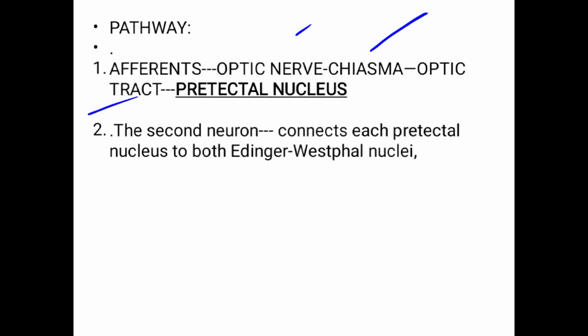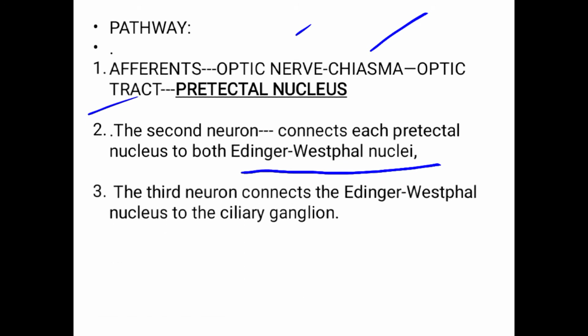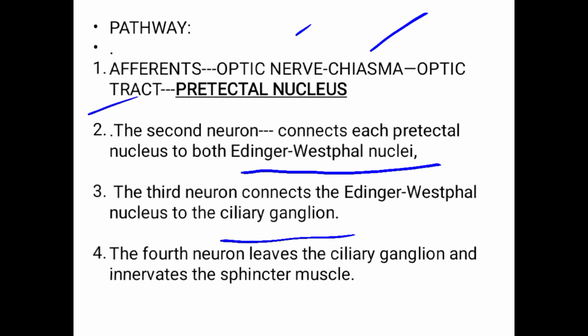Then second neurons are connected to, just write Edinger-Westphal nuclei, and the third order neurons from the Edinger-Westphal nucleus to the ciliary ganglia. And the fourth neuron leaves the ciliary ganglia and innervates the sphincter muscle. So the effector organ is sphincter pupillae. The constriction of sphincter pupillae is taking place. The light reflex.